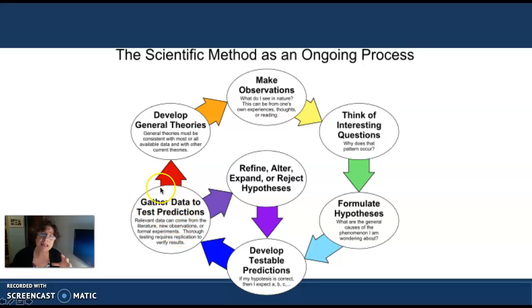You gather your data, you gather your measurements, and then you analyze them and wonder, is my prediction correct, or do I need to alter my prediction? Do I need to expand it? Do I need to completely reject it? All of your work supports and develops theories. Let's go into that a little bit deeper.